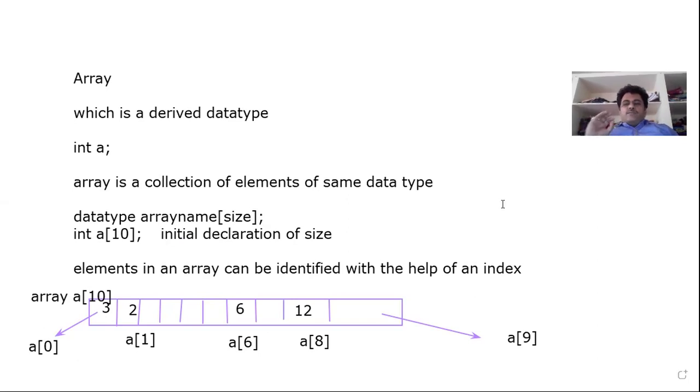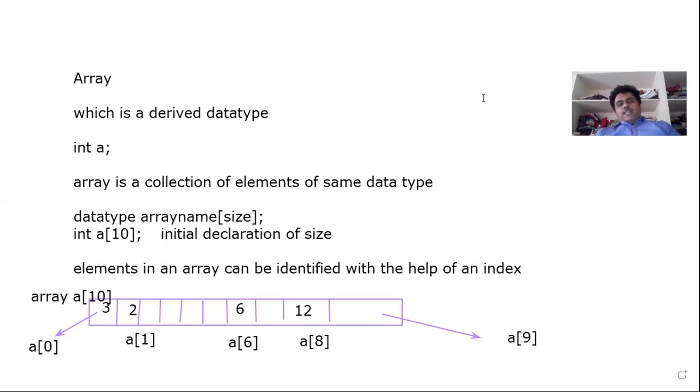See an example: int a of 50 means that 50 elements can be stored in the array A. So 50 multiplied by 2 bytes, that is 100 bytes of memory is already reserved. If you enter only 3 values, the memory for the remaining 47 values will be wasted. So that's why you have to be cautious when declaring an array. Okay, so this is about the concept of arrays.